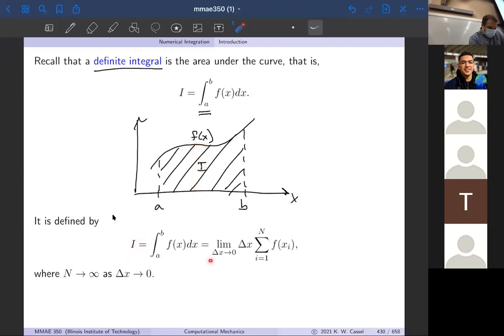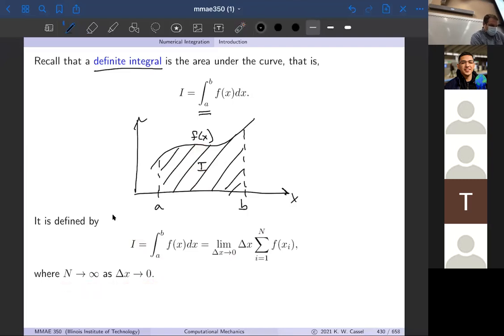The smaller you make delta x, so the more slivers you have, the more accurate it gets, until you have an infinite number of slivers between a and b, and then you get the exact value of I. Now, obviously, we can't integrate an infinite number of slivers, so we'll have delta x small, but finite. All right, so this is what you do in your calculus class.